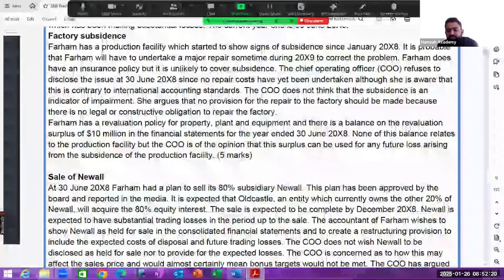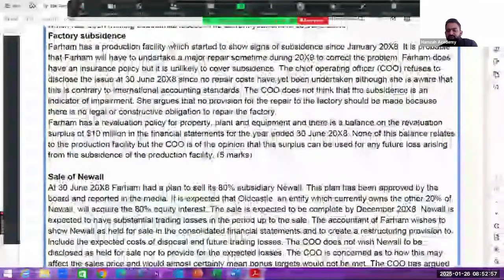The Chief Operating Officer refused to disclose the issue at 30th June X8, since no repair costs have yet been incurred, although she is aware that this is contrary to international accounting standards. The COO does not think that subsidence is an indicator of impairment. She argued that no provision for repair to a factory should be made because there is no legal or constructive obligation to repair the factory.